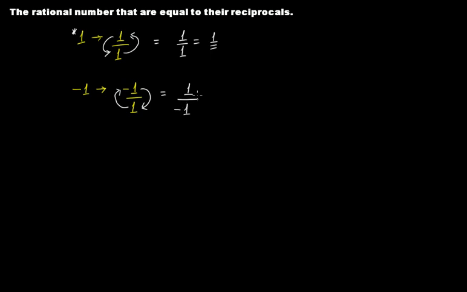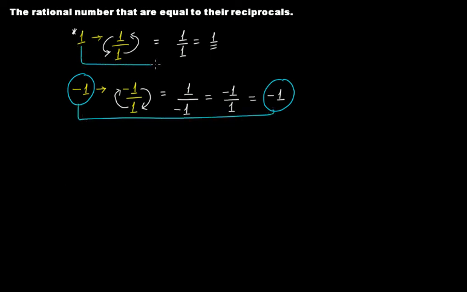Now we know that this can be written as -1 over 1. It means it's coming back as -1 only. So we reached a position from where we have started, right? So this is same and this is also same. So 1 and -1 are the rational numbers that are equal to their reciprocals.